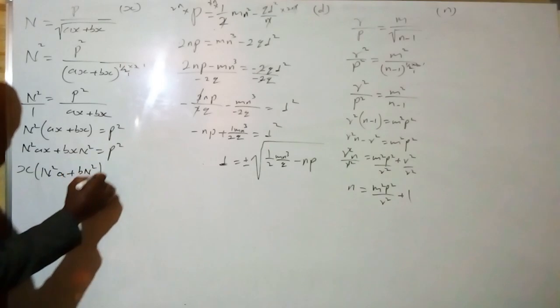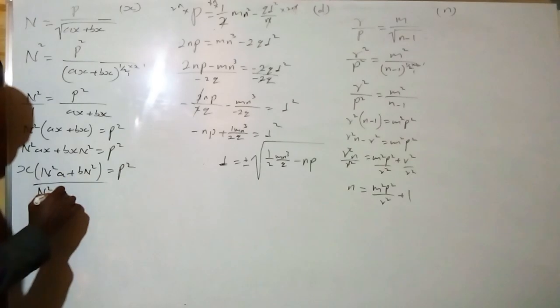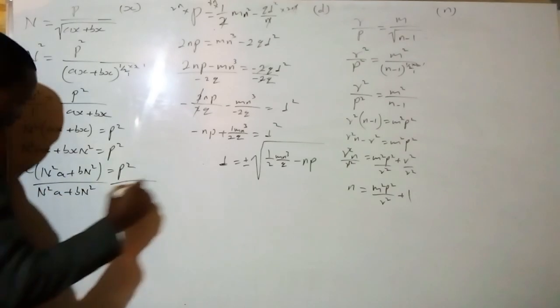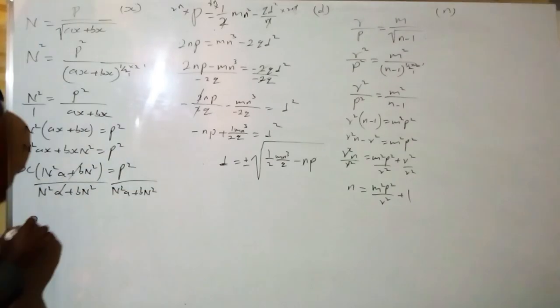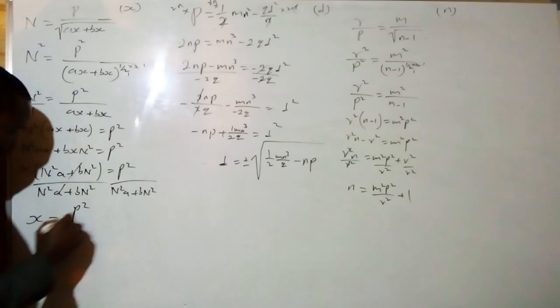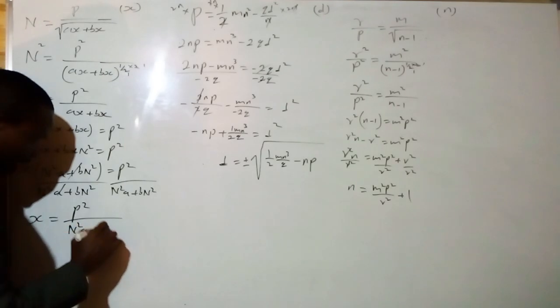Dividing by n squared a plus bn squared, x is equals to p squared over n squared a plus bn squared. That should be the correct answer.